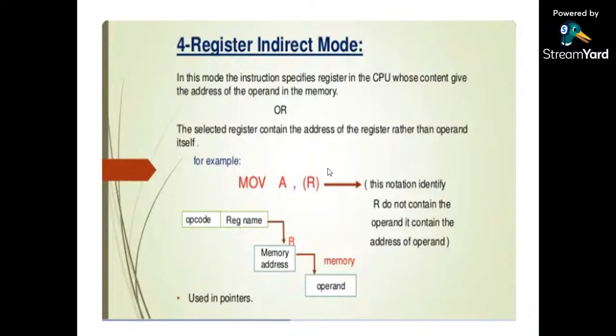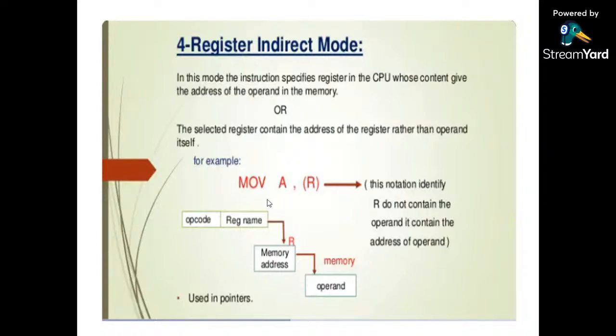So this parenthesis tells the processor that this is an example of indirect addressing mode. What do we mean by indirect addressing mode? That the content of register R1 is not the value. In fact, it is the address of the value from which the data is to be fetched.